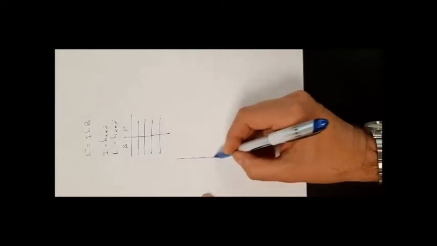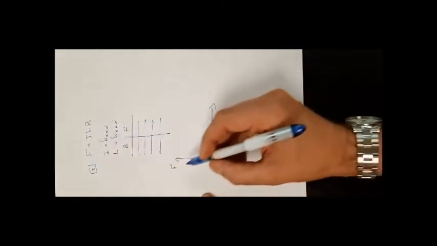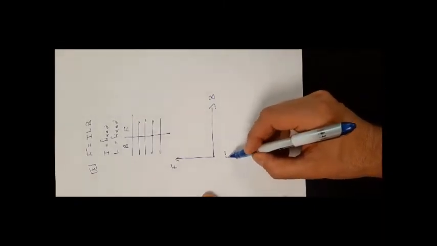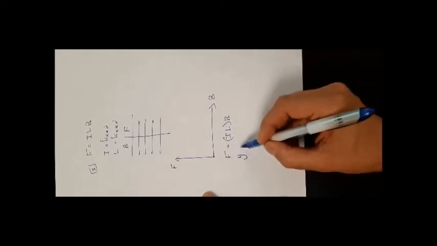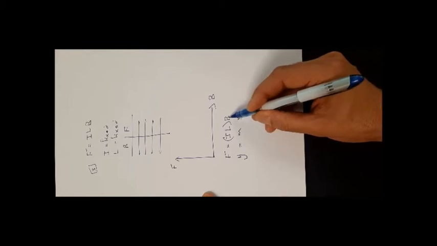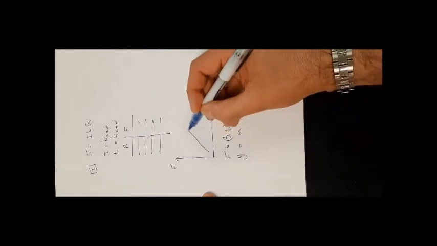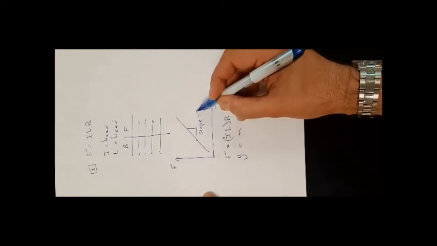Then we make a third graph. This is part 3: we put the force on the y-axis and the magnetic field on the x-axis. According to this formula, F equals ILB, with F as y and B as x, so it will be a straight line whose slope must equal IL. So this is the theoretical part of what we are going to do in this experiment.